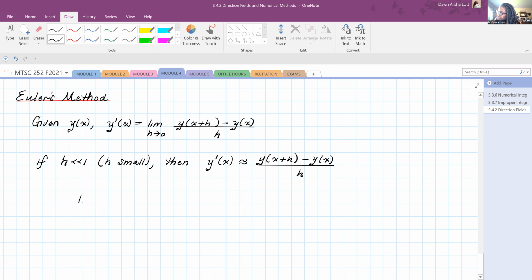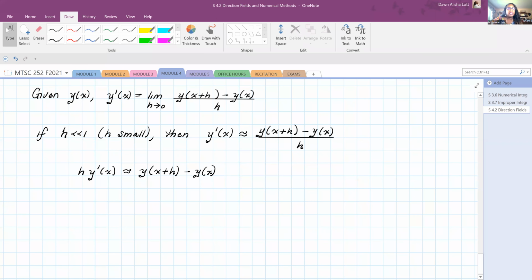So I get h times y prime at x is approximately, remember h is still small, y at x plus h minus y at x. And more importantly now, I see that y at x plus h is approximately y at x plus h times y prime at x.